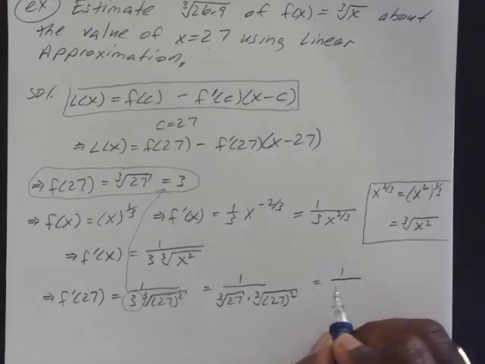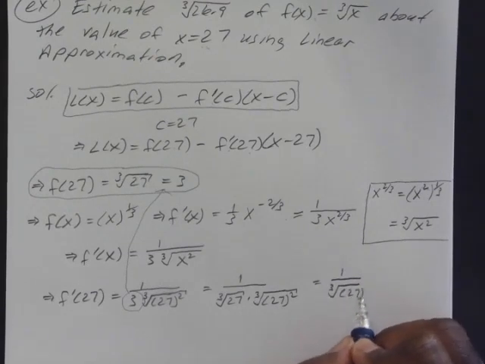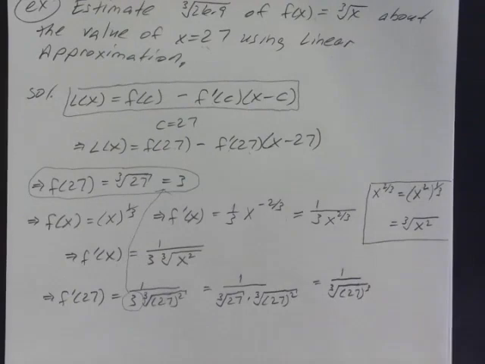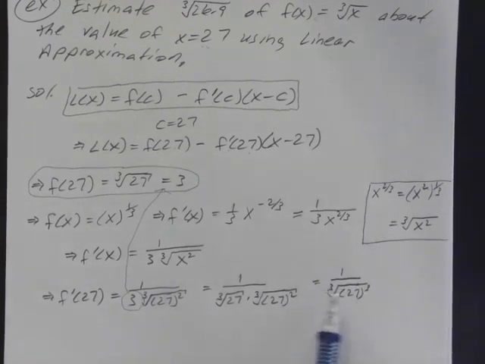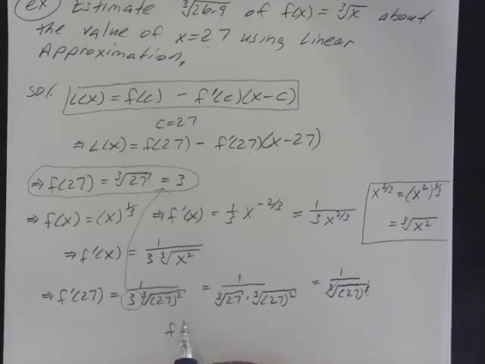That's just 1 divided by the cube root of 27 to the third power. So now we know the index and the exponent cancel each other out. So that means our f prime of 27 is just equal to 1 over 27.